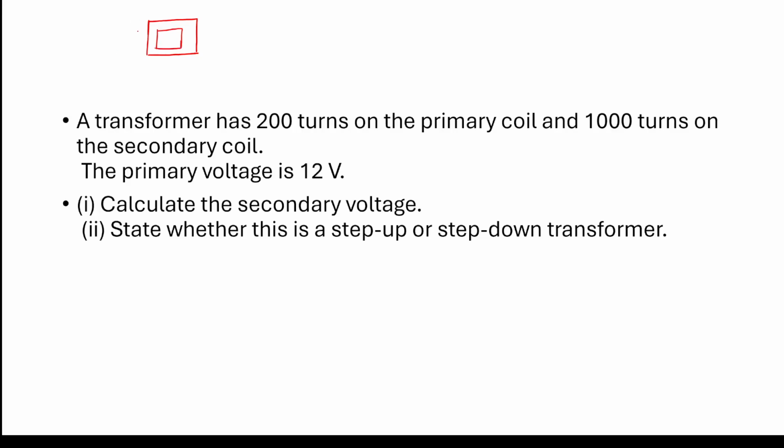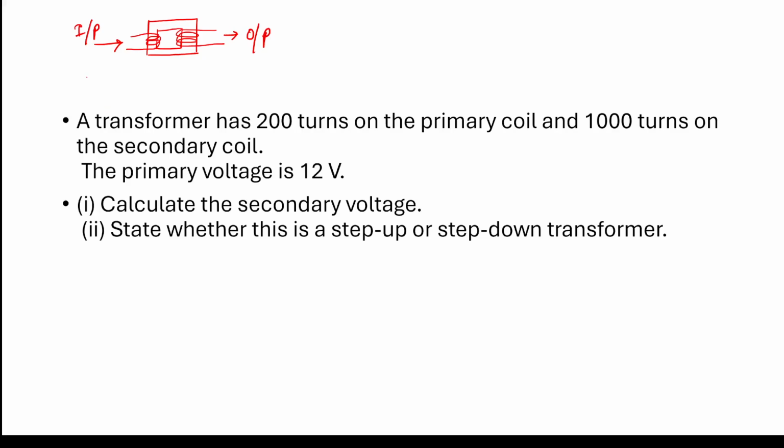A transformer is nothing but a solid iron core on which you have these windings. This is a wire, and then you have a wire here. This is where the current goes in, so this is the input, and this is the output.